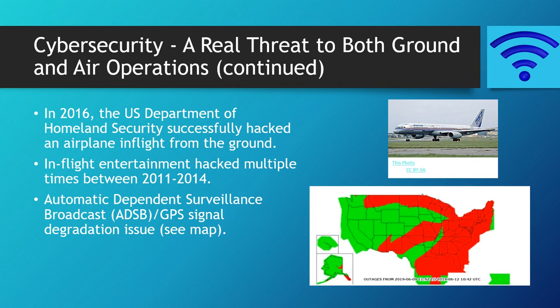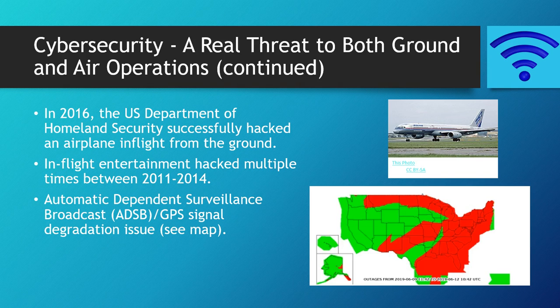This past week, an ADS-B signal degradation issue was reported, causing a widespread outage across the country, which you can see in the outage map. The FAA reported inaccurate position data from GPS data in conjunction with ADS-B. Receiver autonomous integrity monitoring steps in at that point and cross-checks position data to determine accuracy.